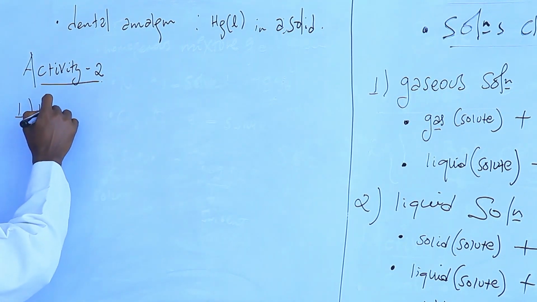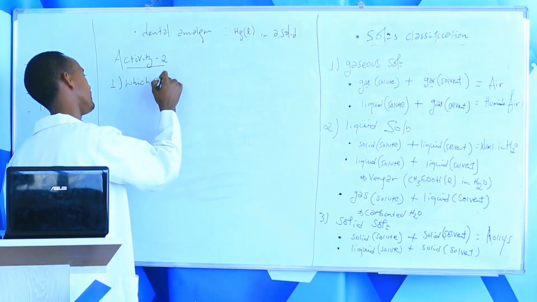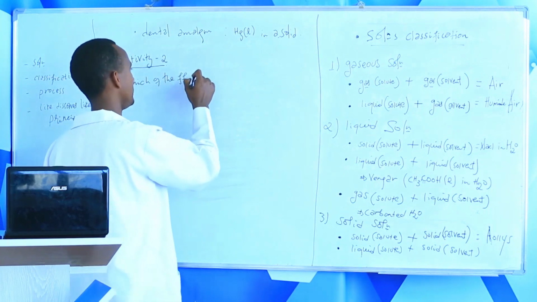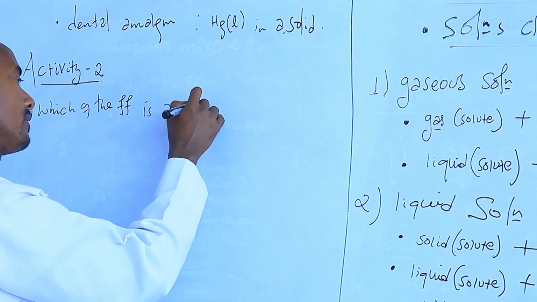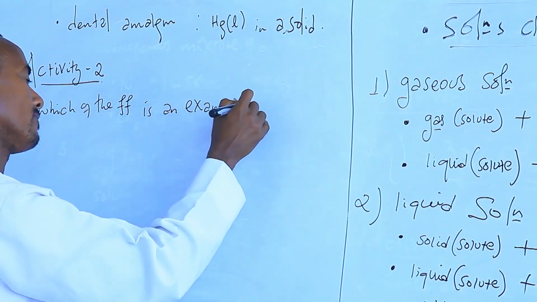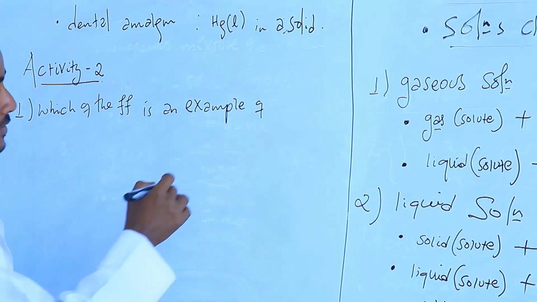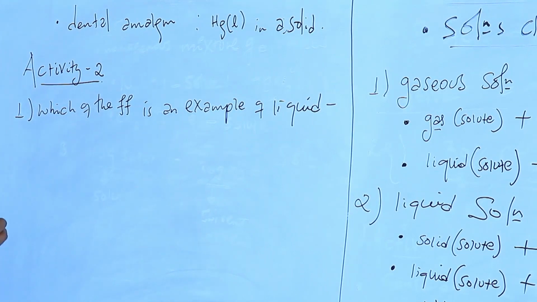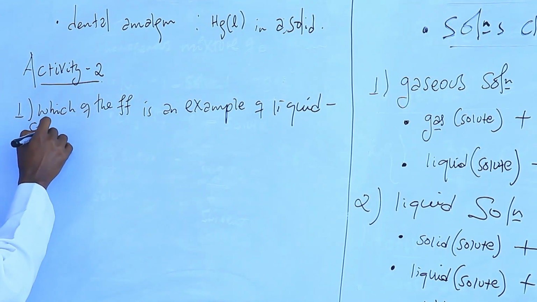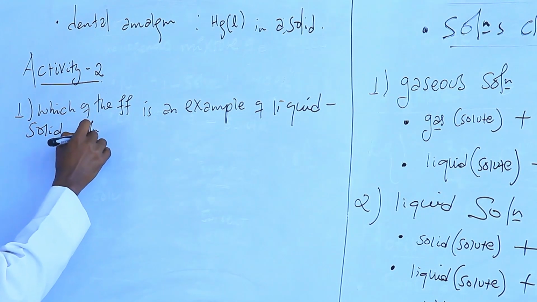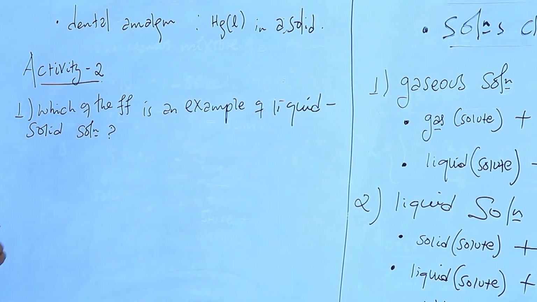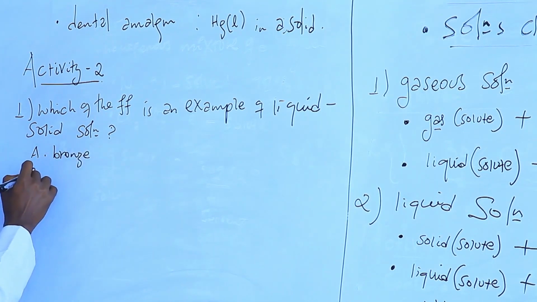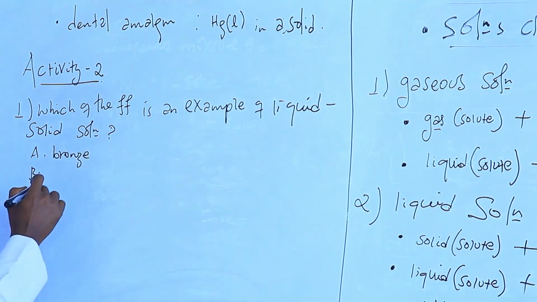Which of the following is an example of liquid solid solution? A, bronze. B, ethanol in water.